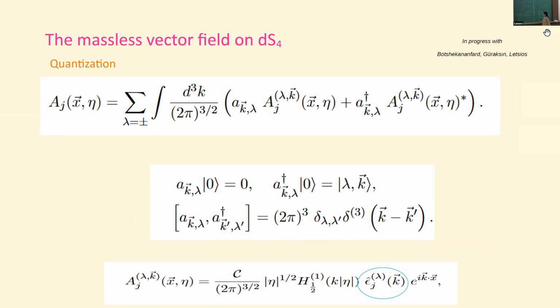So in the beginning, we had some coefficients that were just numbers. Now we promote them to be annihilation and creation operators. And this is what we call a state, one that gets created by the creation operator that also has these labels.